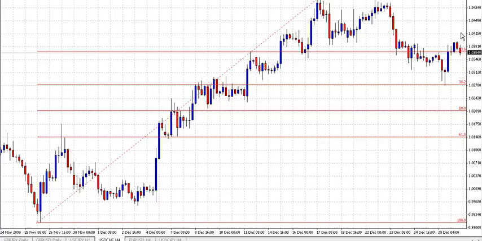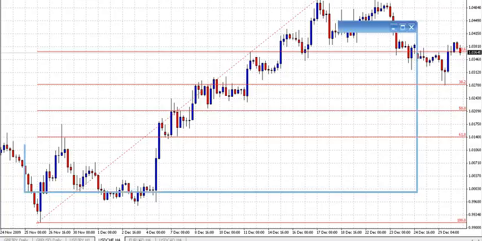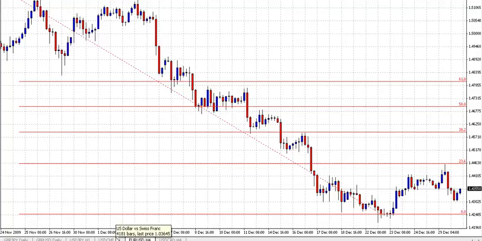By that, of course, it will be easier for you to make the right decision. Now, I'm moving forward to a different pair, euro against the US dollar, and as you can see right now, we're looking once again at a 4 hours chart. From the top line, it's dropping down, the euro losing its power day by day, as you can see. It's dropping down to the bottom of the support line.